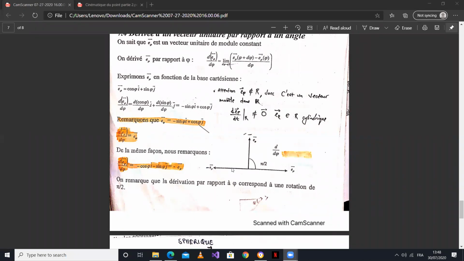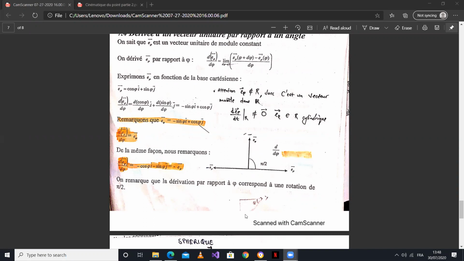That means the derivative of e_phi with respect to phi is going to be minus e_rho. The same thing, when you derive that minus e_rho with respect to phi, you rotate 90 degrees again. When you reach here, you'll be on this vector, and this vector is in the opposite direction of e_phi. It means it's minus e_phi.